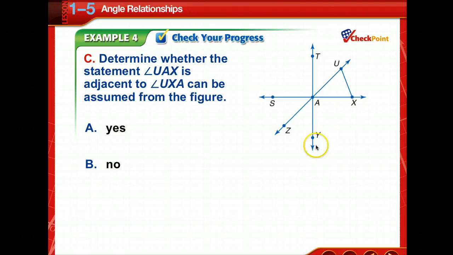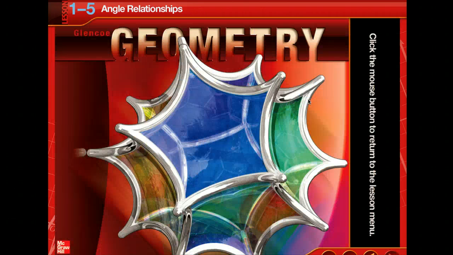Determine whether the statement angle UAX and UXA can be assumed from the figure. Well, adjacent angles share a common interior side, and UAX and UXA have some common interior points, so no, we cannot determine that from this statement. Okay, you are ready to begin the exercises.